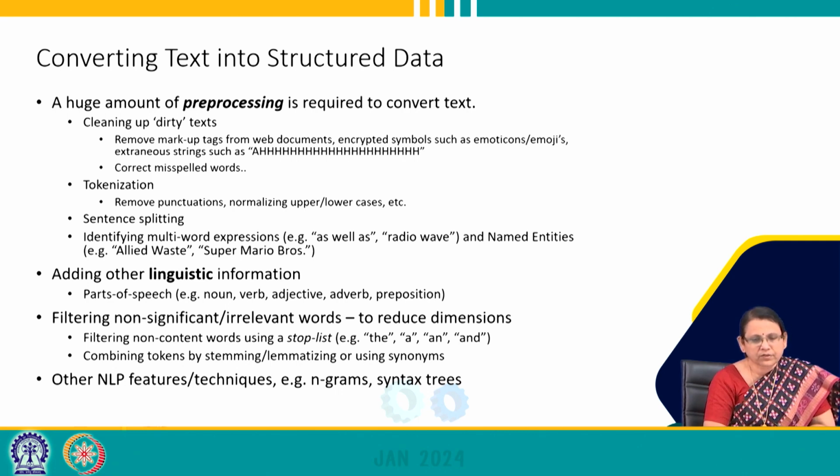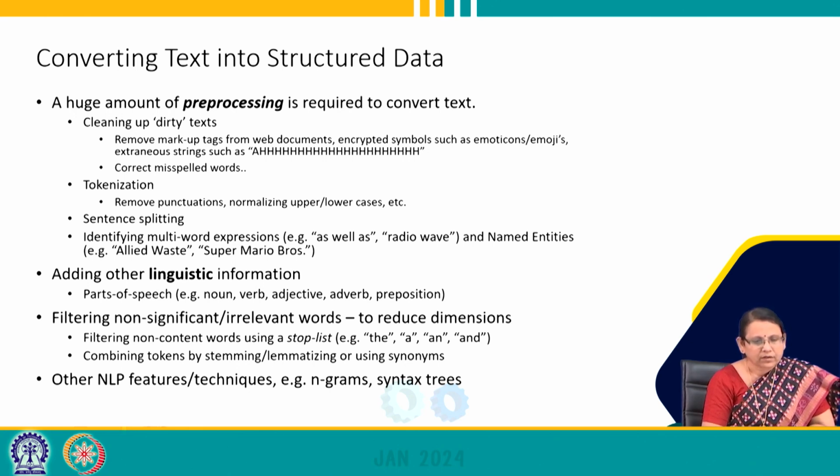A huge amount of pre-processing is required to convert text data. So, we have to first remove some of the things which users usually give and which do not have any grammatical or syntactical sense.